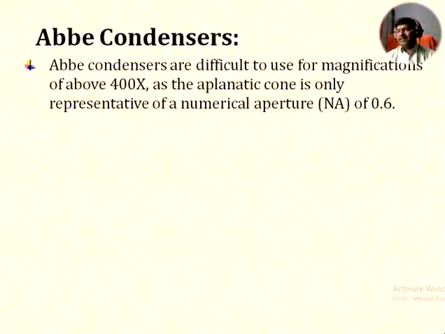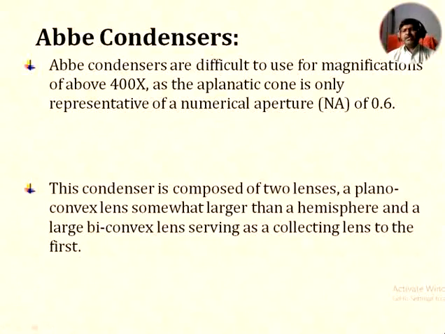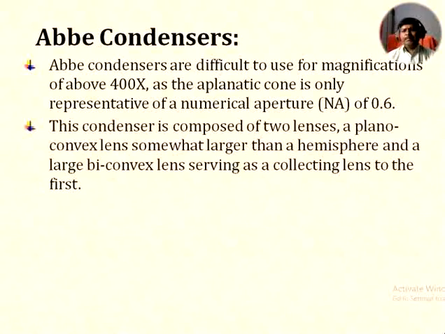Generally these Abbe condensers are used to magnify the image 400 times. But the numerical aperture is only 0.6. This condenser is composed of two lenses: a plano-convex lens somewhat larger than a hemisphere and a large biconvex lens serving as the collecting lens to the first.